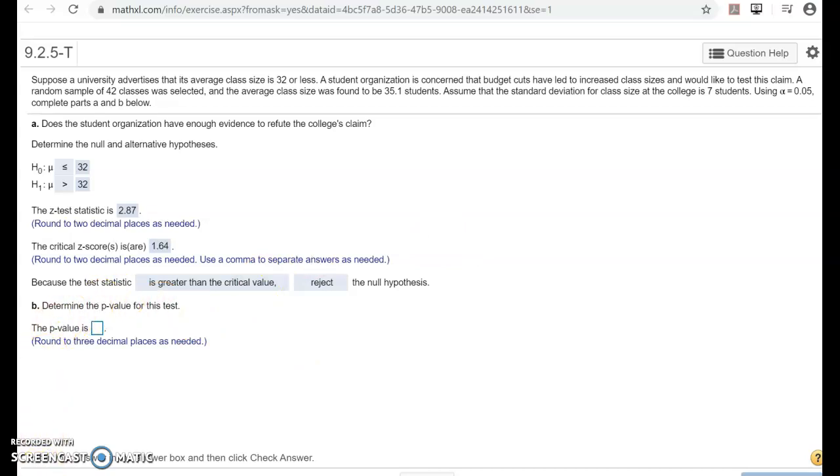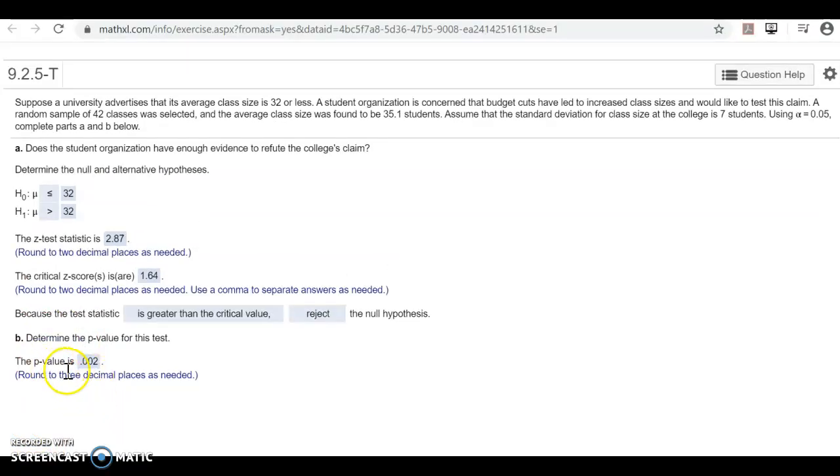Now determine the p-value for this test. Okay, and to get to the p-value, to get this number, you want to know the probability of observing the z-test statistic, anything greater than that.